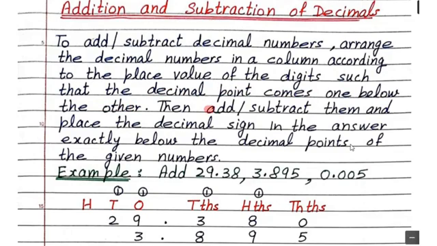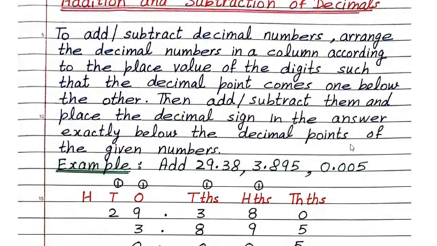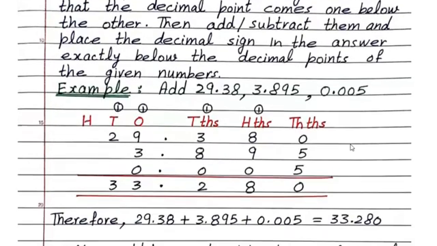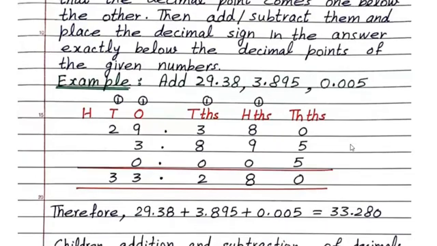Then add or subtract them and place the decimal sign in the answer exactly below the decimal points of the given numbers. Now let us discuss an example based on this.